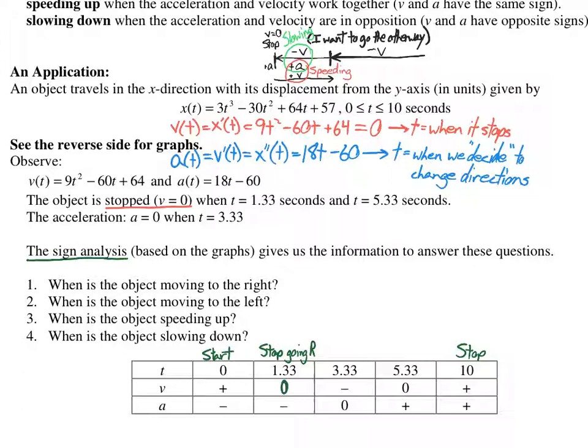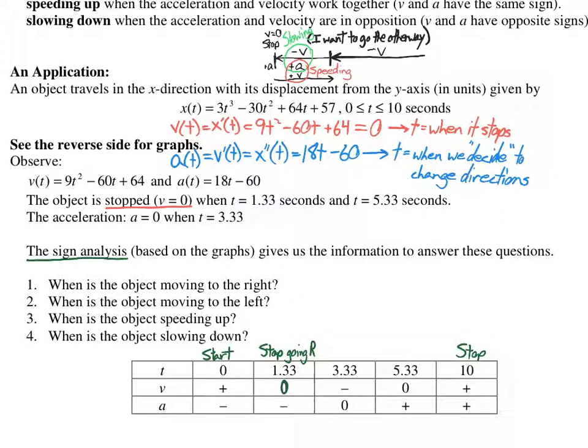I'll just put R. At 5.33, you'll notice this negative velocity between 1.33 and 5.33. That means we were moving to the left, or downward, but in this case it said the x-axis, so it is to the left.